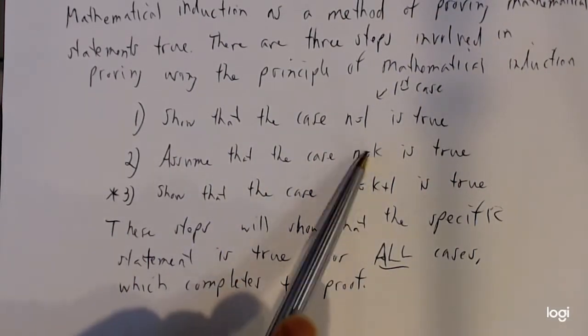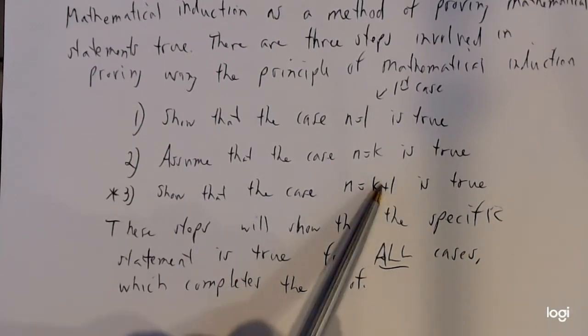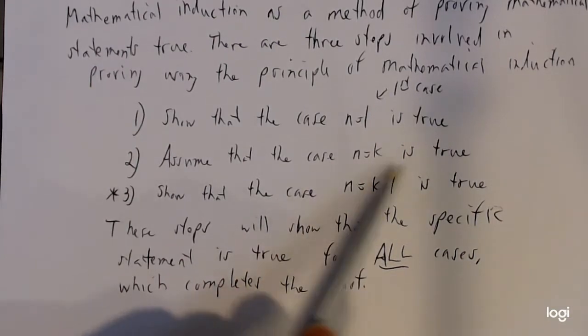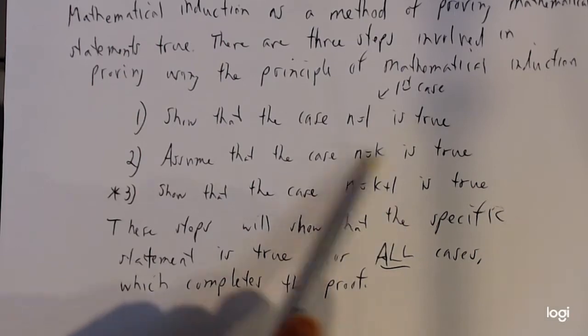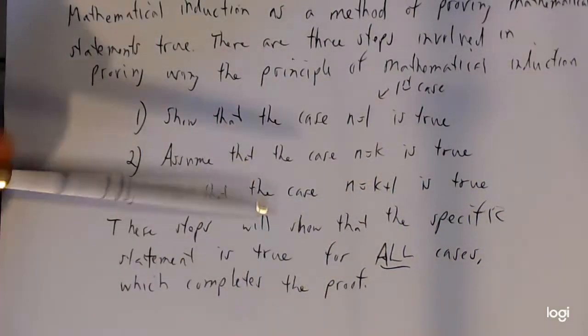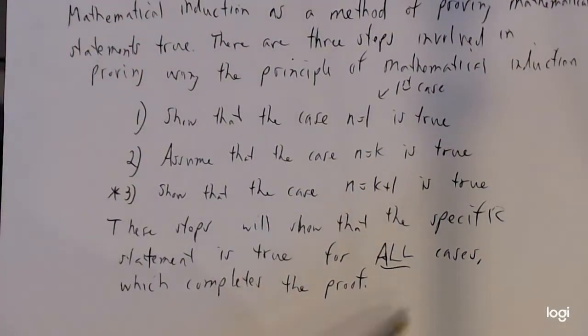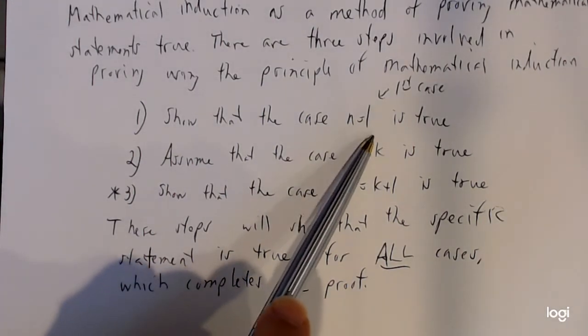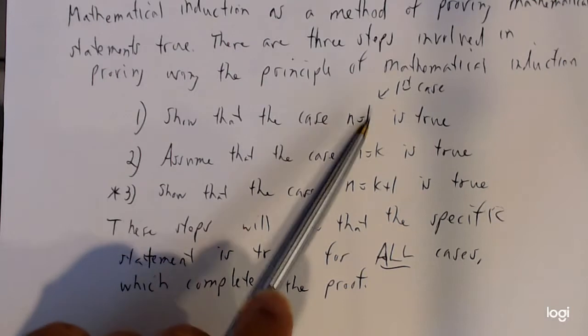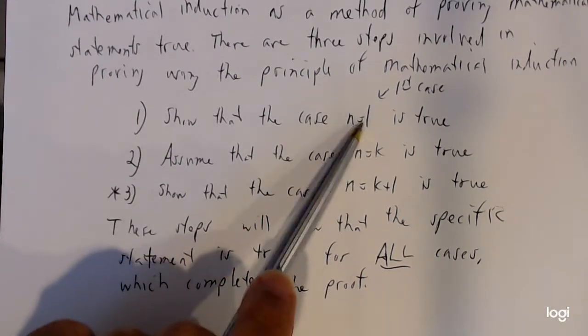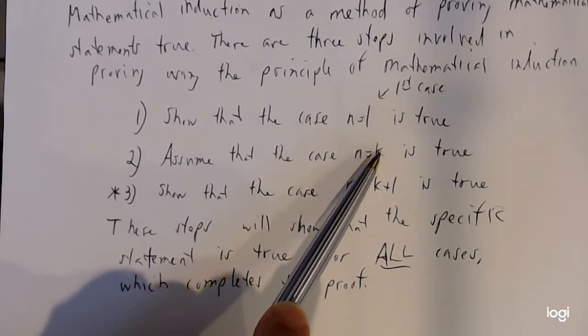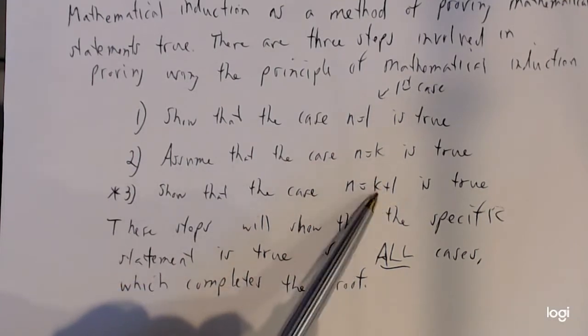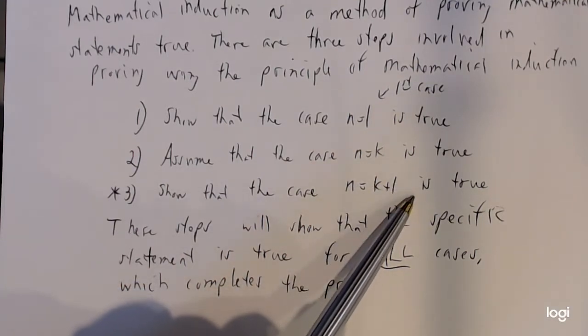And when we show k plus 1, the case right after, is true, we could say that this is good enough to prove that it works for all cases. How come? If we look back to step 1, we checked the first case and showed that it works. So if now I make k equal to 1, what do I know? The case after 1, which is 1 plus 1, the second case, is true.